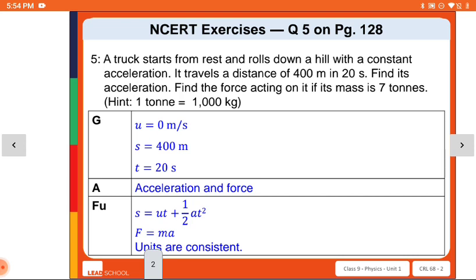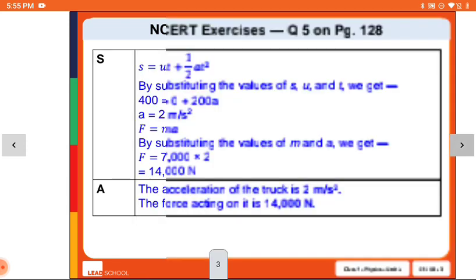First of all, u is equal to 0, displacement is 400 meter, and t is the time. To find acceleration and force, we put the values in the second equation of motion, s is equal to ut plus half at square. Force is mass into acceleration.